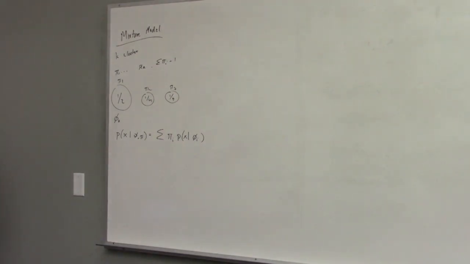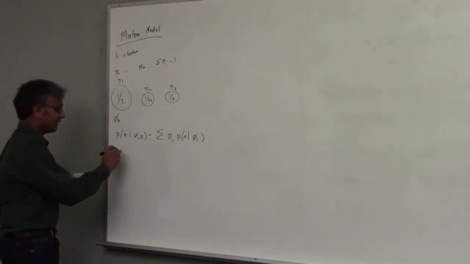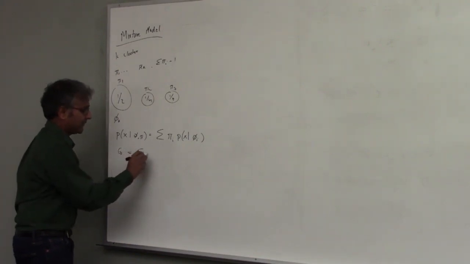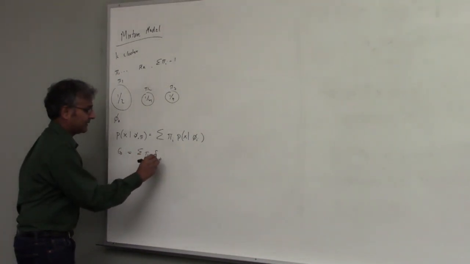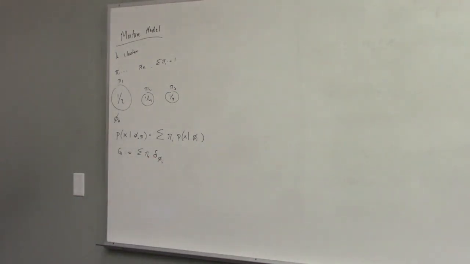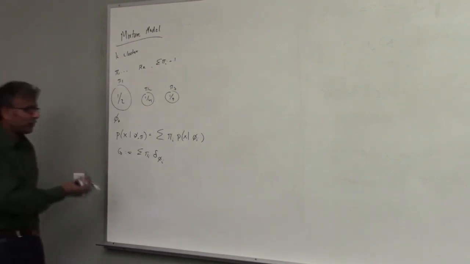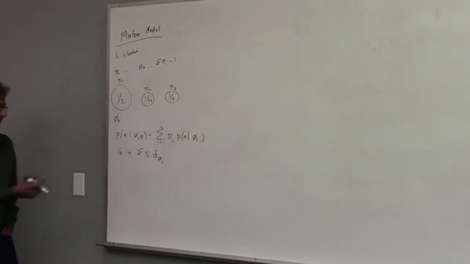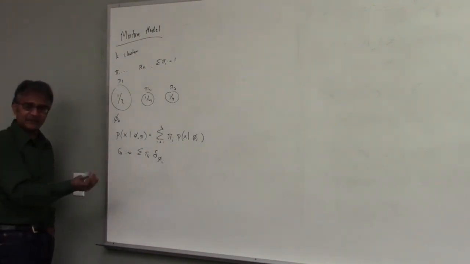And what we said was that you can reformulate this, and we'll call this distribution G, as the sum of pi i delta phi i, with i going from 1 to K. The way to think about this operation is that you are generating this distribution, which you can think of as a bunch of spikes.